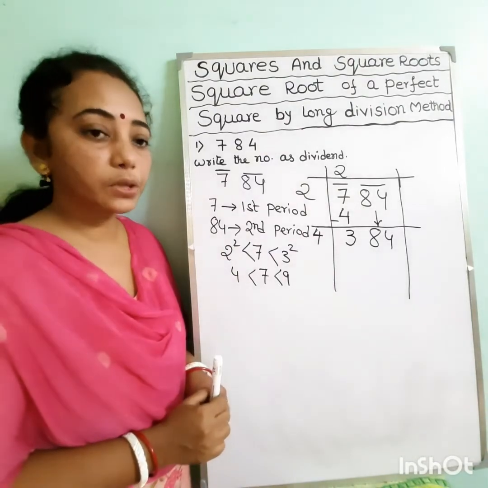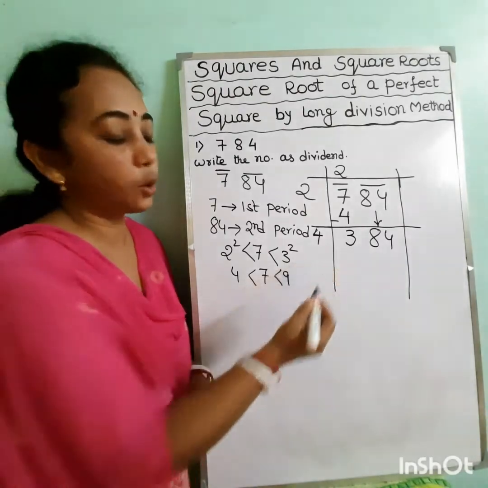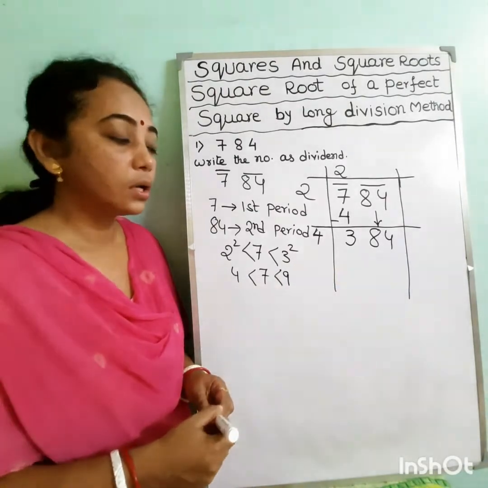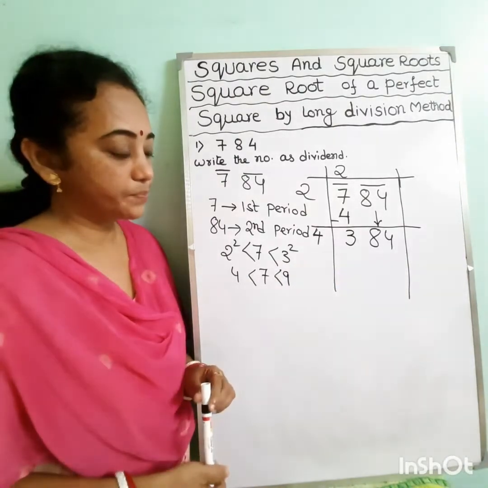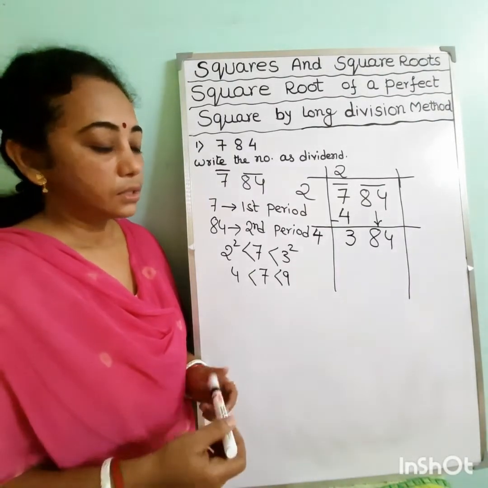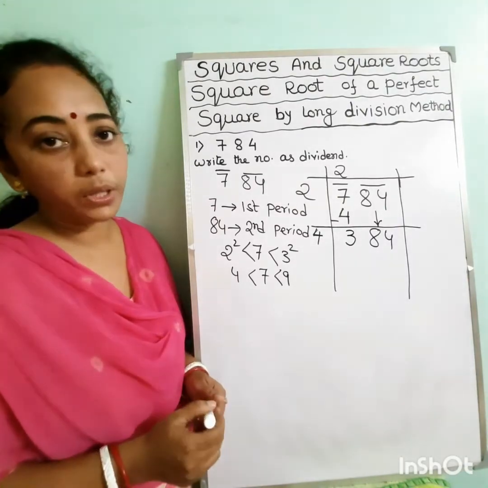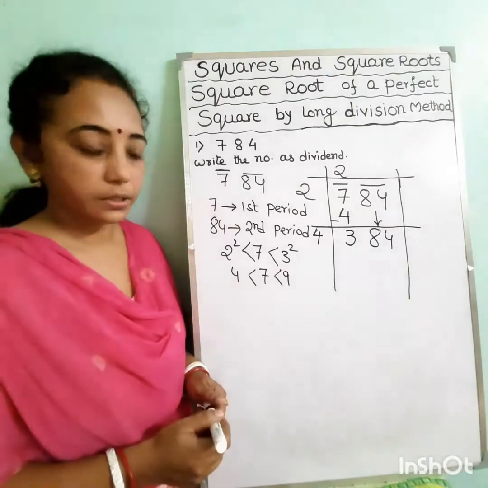Now we have to think of a digit to be placed on the right side of the new divisor, such that the product of the new divisor and this digit is less than or equal to the new dividend.